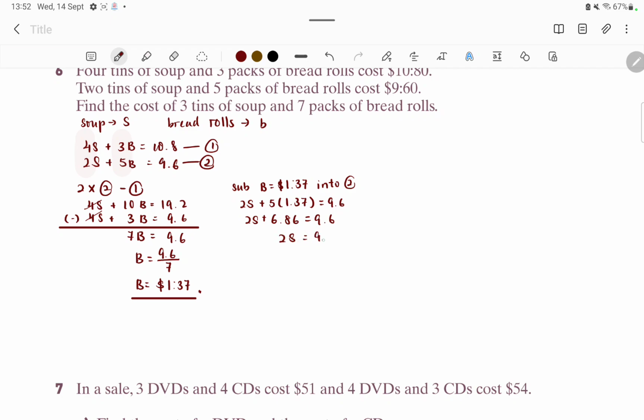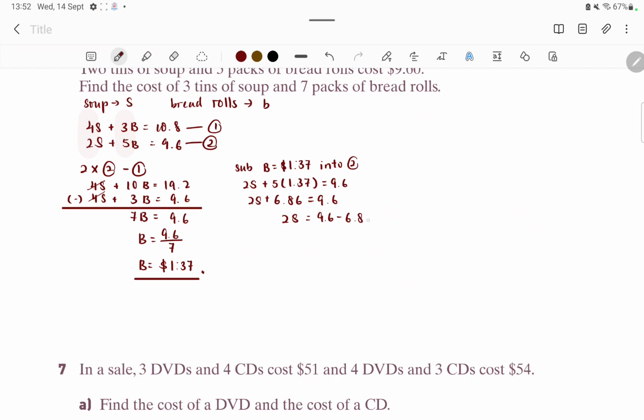So 9.6 minus 6.86, and then 2s equals 2.74, and then move 2 to the other side, so you should get 2.74 over 2. S equals 1.37 for both also.